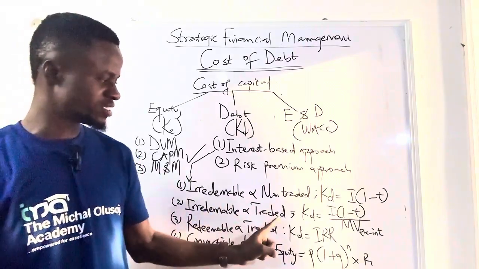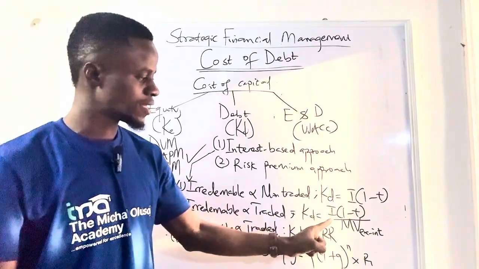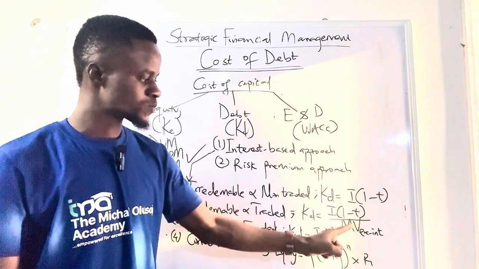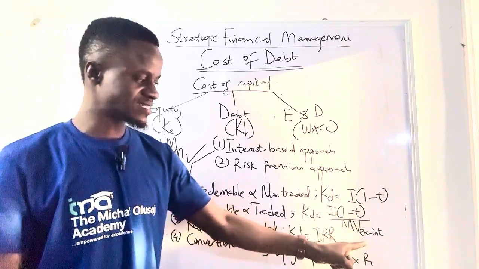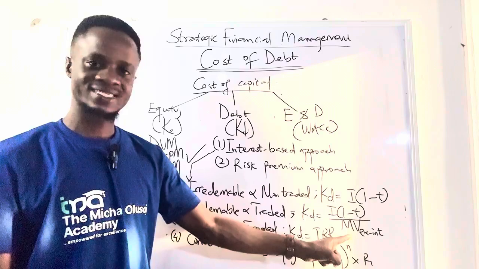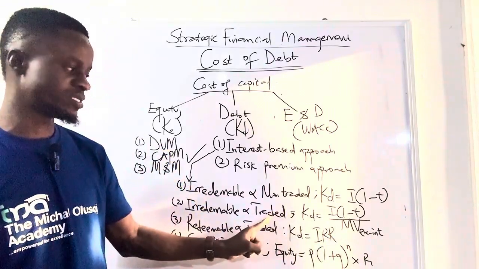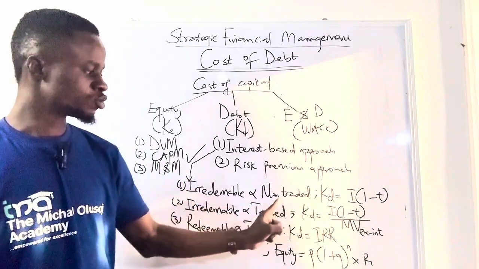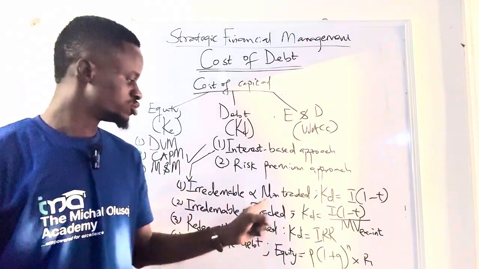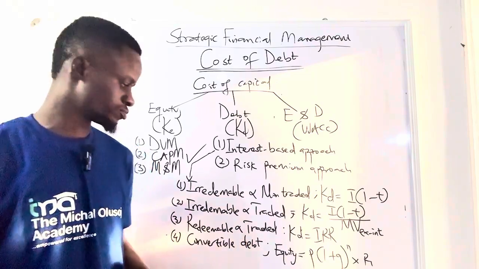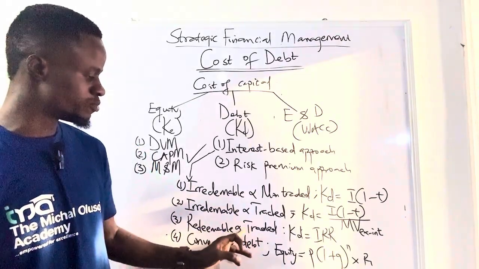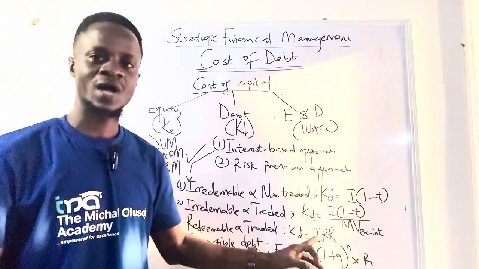So irredeemable and traded is saying cost of debt is equal to interest over MV. Can you see that now? That means it has a trading value, a market value, because it can be traded. So that is the difference between these two. Non-traded means there is no market price. Traded means there is market price. Simple.